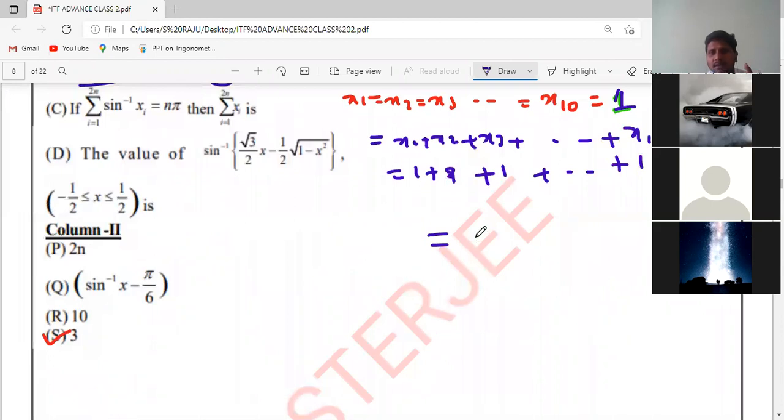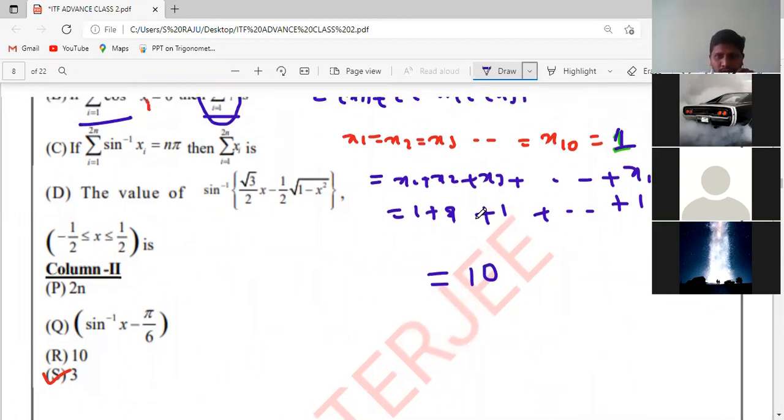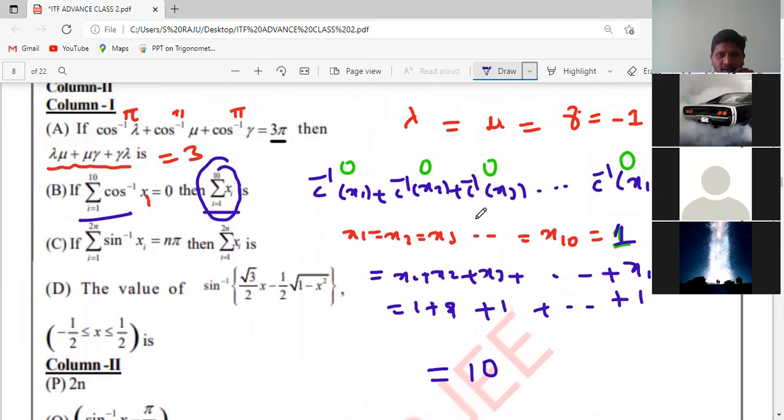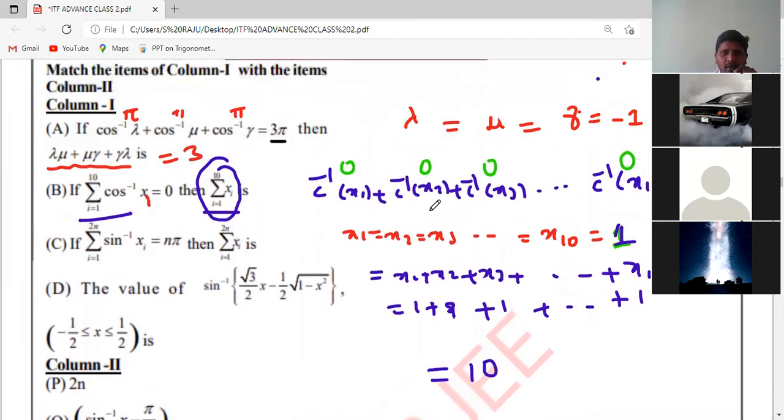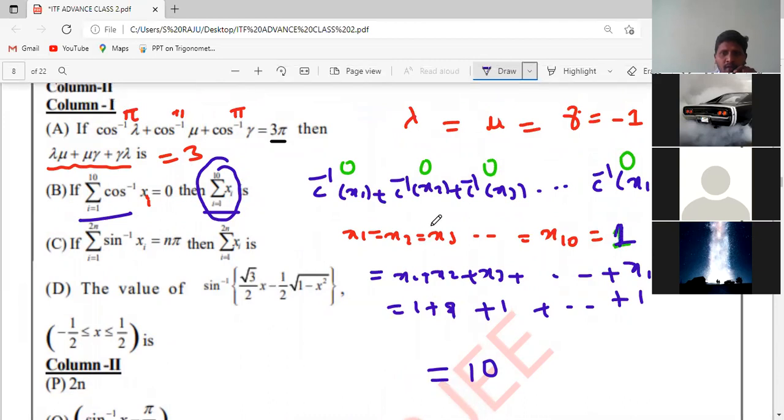Then what is the sum of these values? How many terms are there? 10, x1 to x10. 1 plus 1 plus 1 plus 1, 10 times. The answer will be 10. Is it right? For x1 value 1, x2 value 1, up to x10 value 1, only then the LHS becomes 0 and equals the RHS.